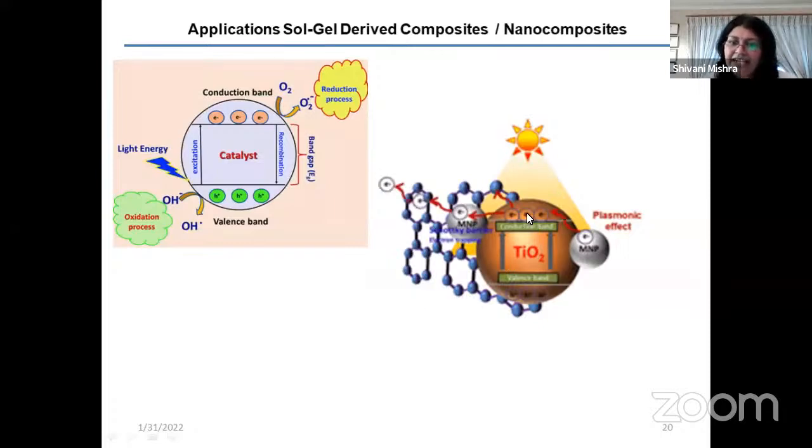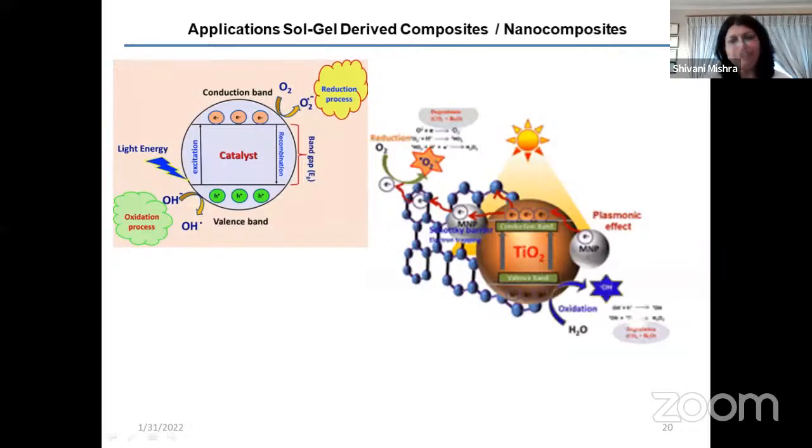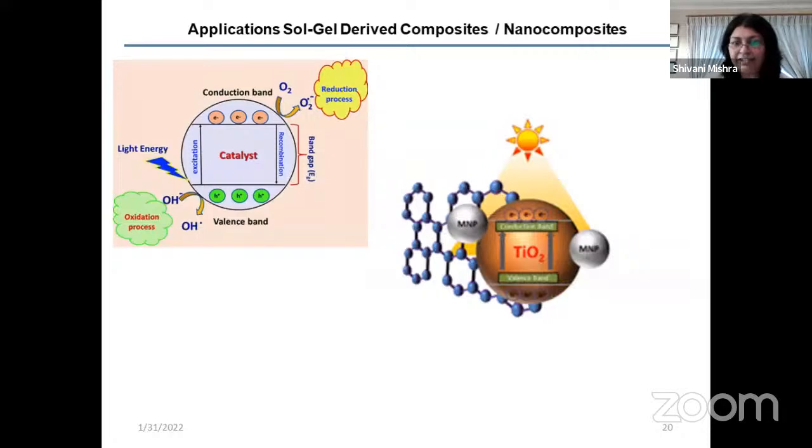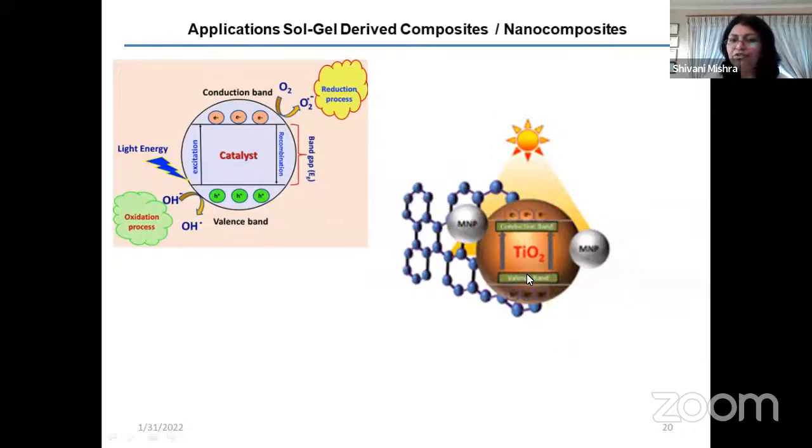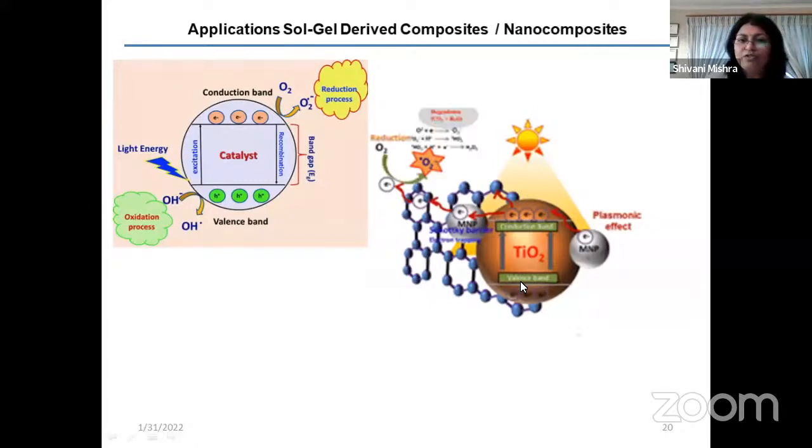Okay, so here is what actually happens with the sol-gel derived titania or titania itself. We have this titania nanocomposite, either derived from sol-gel technology or not. This titania absorbs the sunlight, and we have the valence band here and the conduction band here. When the sunlight falls, the electrons get excited to the conduction band, leaving behind holes.